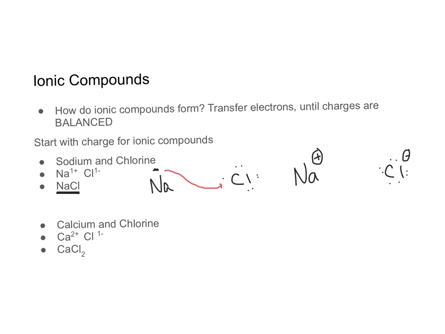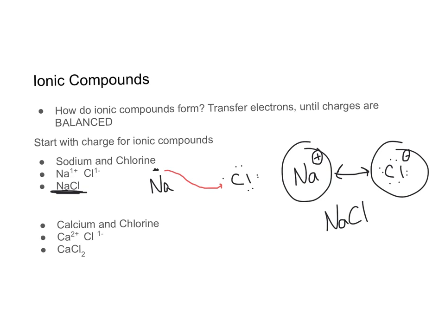And so these two ions are attracted to each other. And that attraction is what forms the bond of our chemical bond, forming NaCl. So our sodium is going to lose one electron, our chlorine is going to gain one electron. And so in our compound, we have one sodium and one chlorine are forming a bond together here.